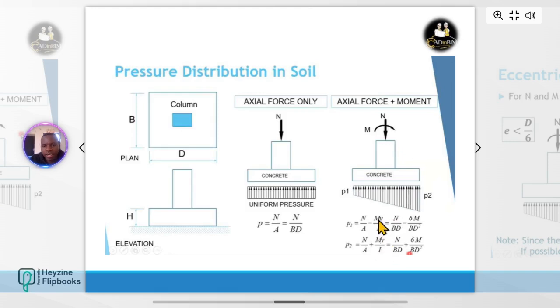I here is B D cubed over 12, and you divide the moment force, that's M y, by I. You subtract from the initial pressure and you get the pressure at P1. For P2, you just add it. And that's how you get pressure distribution for a column that's subjected to both axial load and moment. That's axial load plus moment.